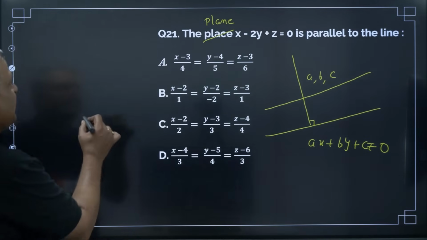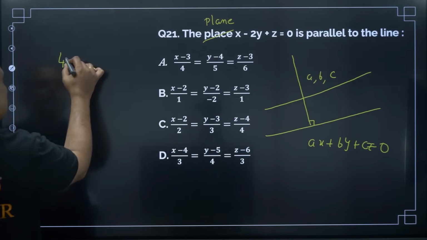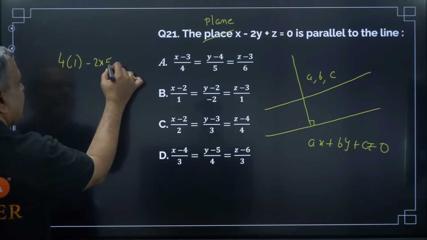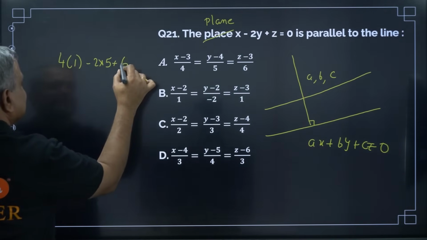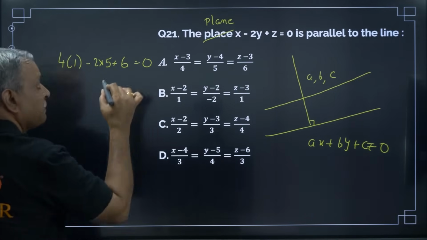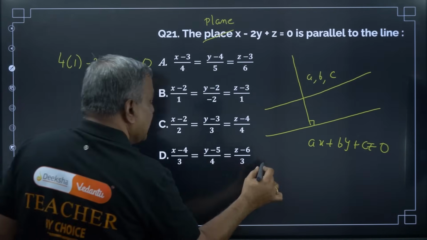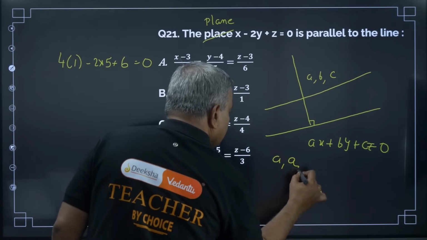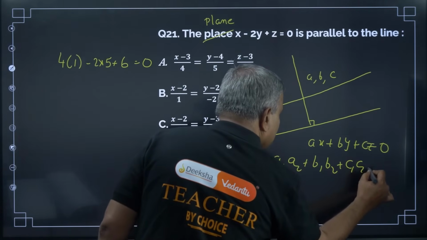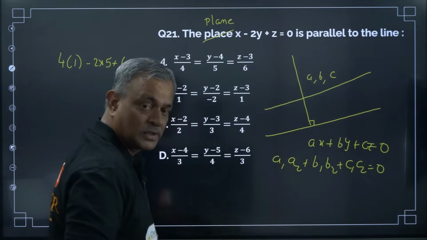So if we observe it, 4 into 1 minus 2 into 5 plus 6 will give you 0. What concept did we use? a1 a2 plus b1 b2 plus c1 c2 is equal to 0.